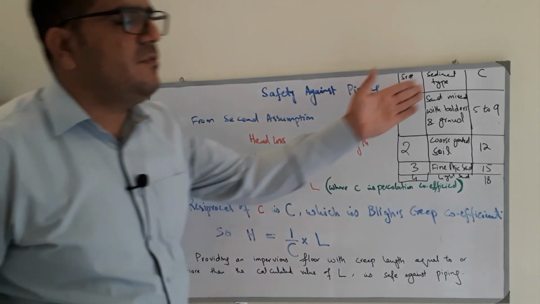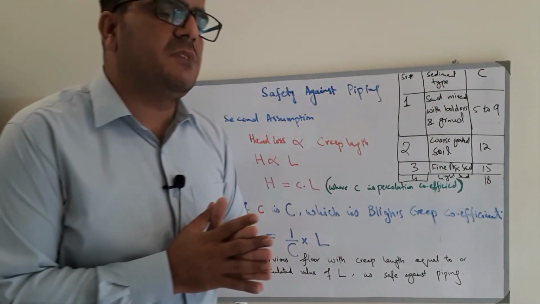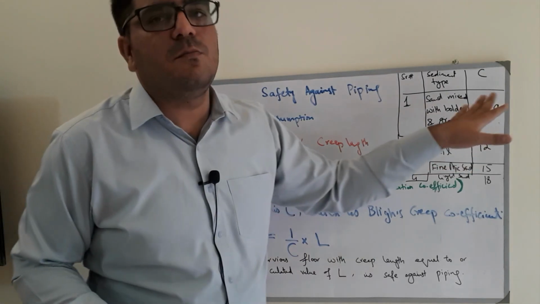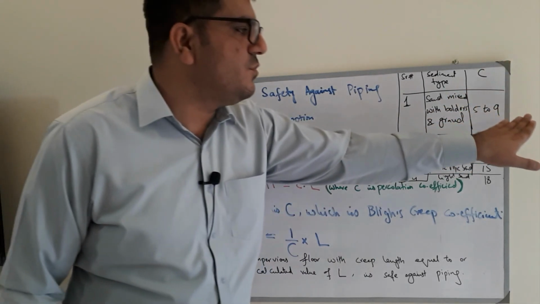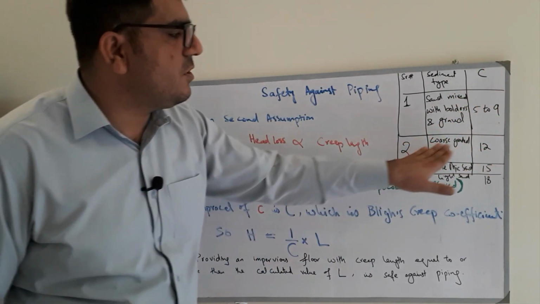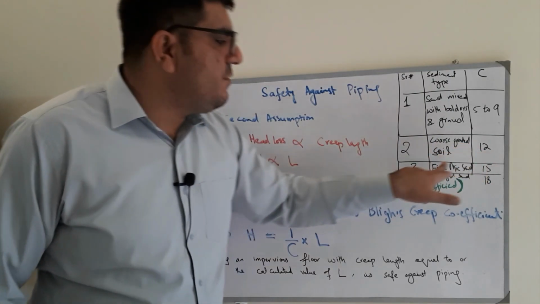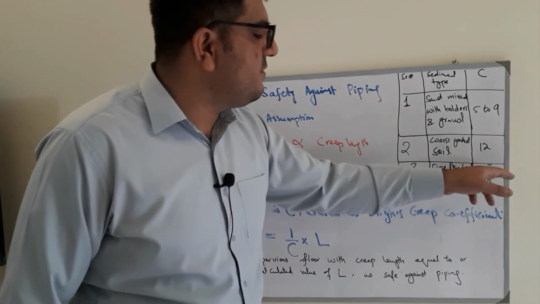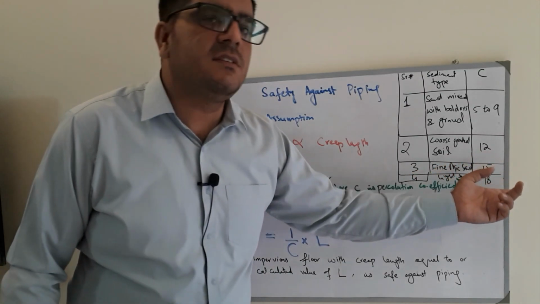This C has different values which you will find from the literature. If the sediment type is sand mixed with boulders and gravels, Bligh has provided its value from 5 to 9, and if it is a coarse graded soil, its value is like 12. If it is a fine micaceous sand, it's 15, and for light sand its value is 18.